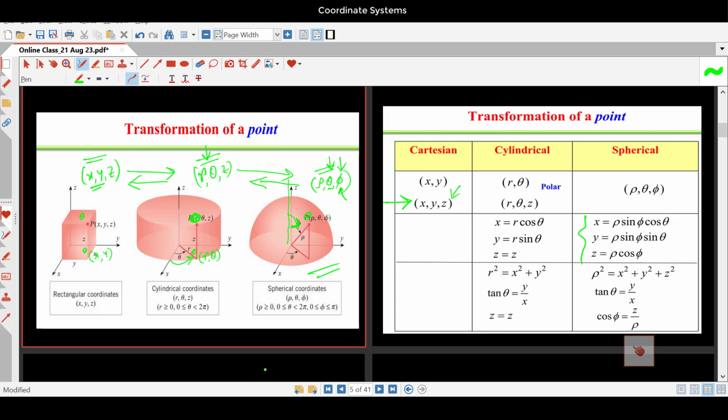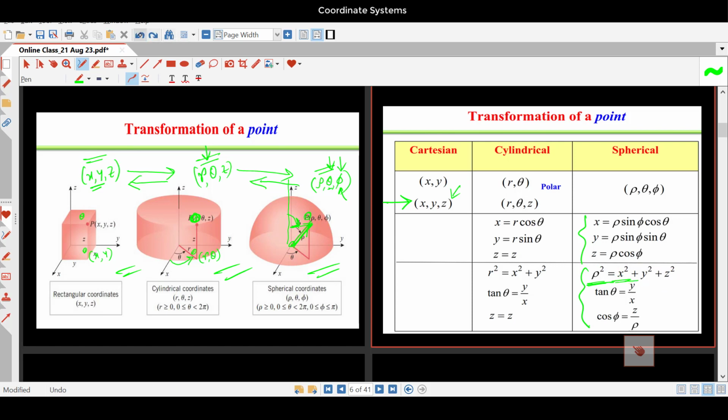You can see the figures and you will understand. At the same time, rho is the distance from the origin to the point. You can think of this as the norm or the length of the vector. So rho squared equals x squared plus y squared plus z squared. So rho means the square root of x squared plus y squared plus z squared.